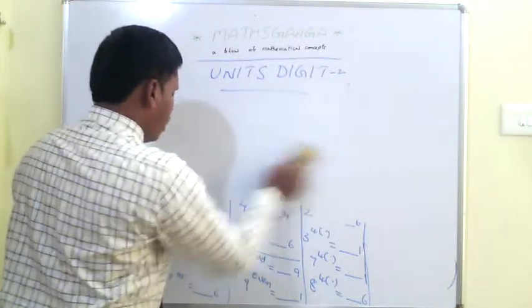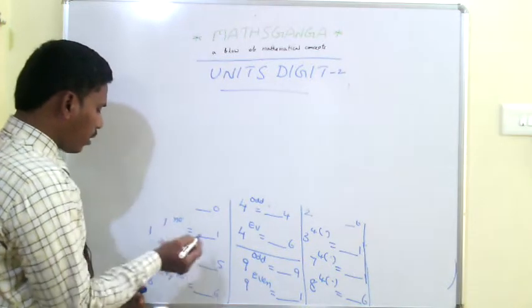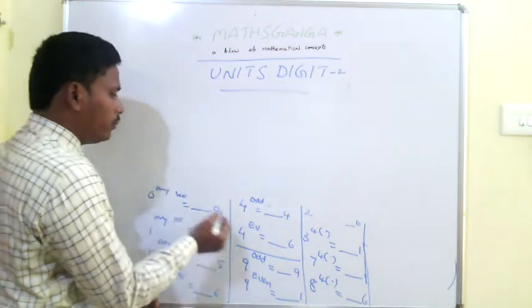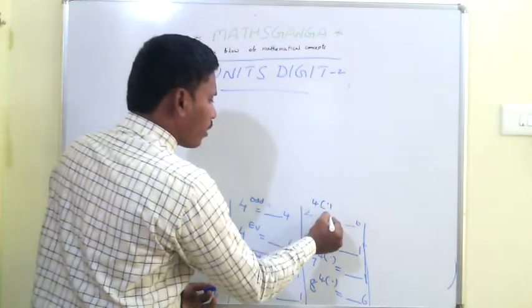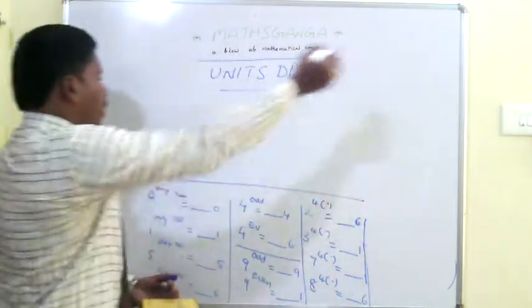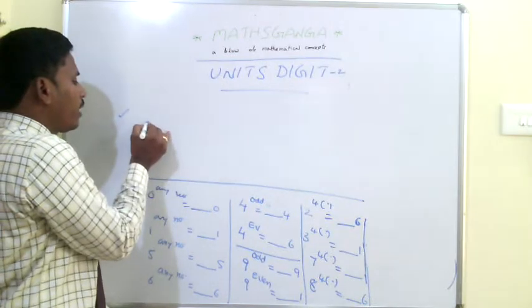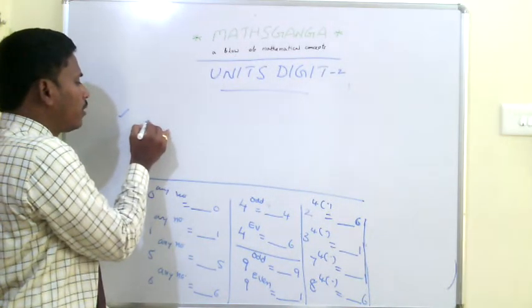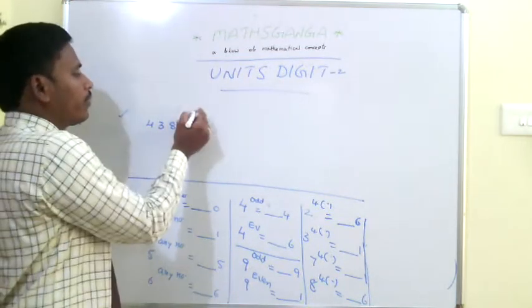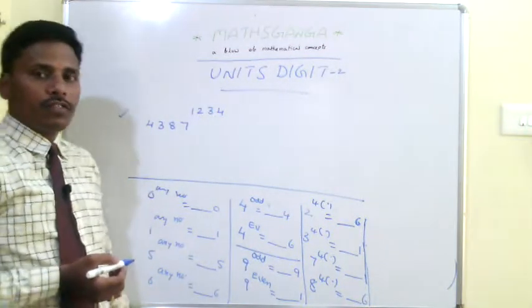First suppose, if anybody asks you to calculate the unit digit of something like 4387 to the power 1234, what is the unit digit of this number?